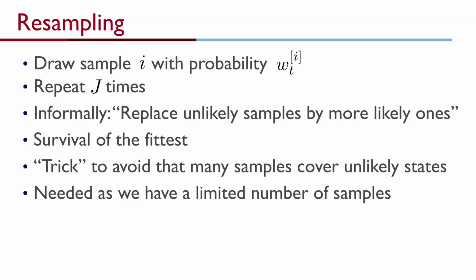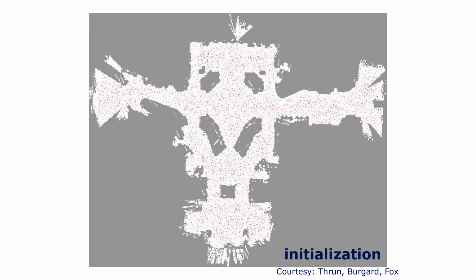This resampling step prevents many particles from drifting into unlikely or impossible regions. In practice, resampling is absolutely essential. Without it, the filter will eventually diverge, and you won't have any particles left in the correct region of the state space. And that completes the demonstration of particle filtering for robot localization.